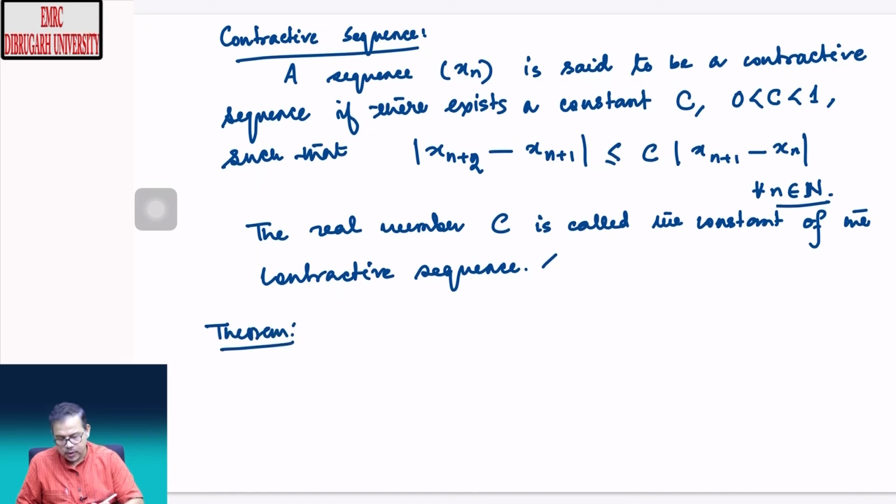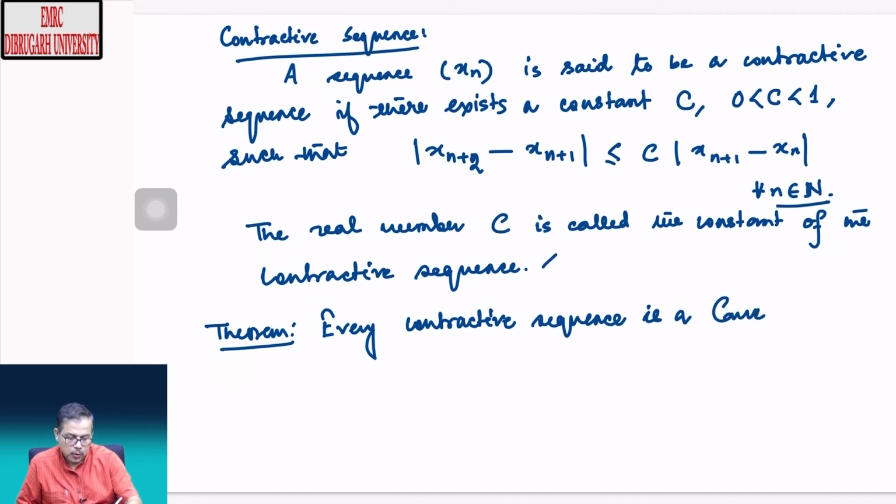Statement of the theorem is every contractive sequence is a Cauchy sequence, and therefore, because we know that every Cauchy sequence is convergent, therefore it is convergent.